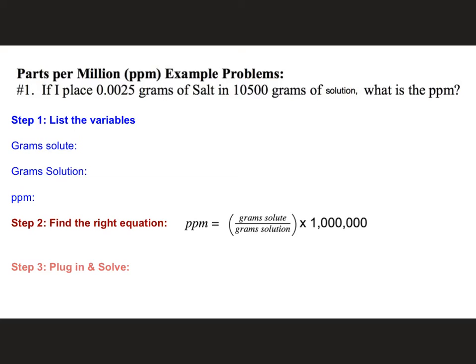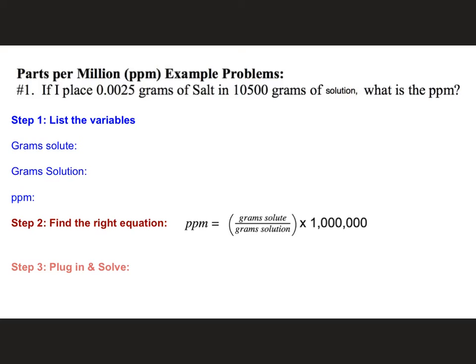So let's do our example problem for parts per million. This is the first question on your worksheet that you have downloaded under the second part. So parts per million, question number 1. Follow along with me as we go through this, please. So the question says, if I place 0.0025 grams of salt in 10,500 grams of solution, what is the ppm, or what is the parts per million?